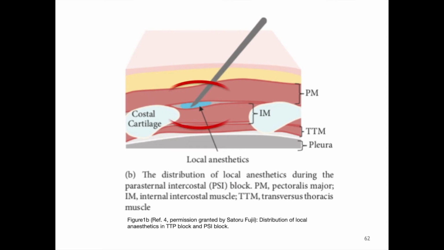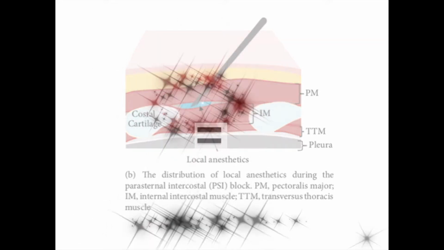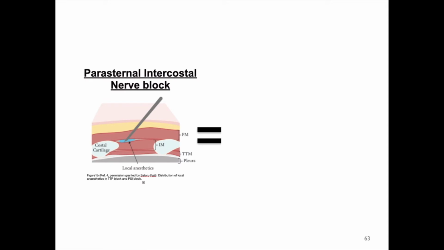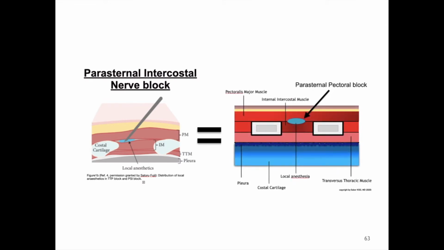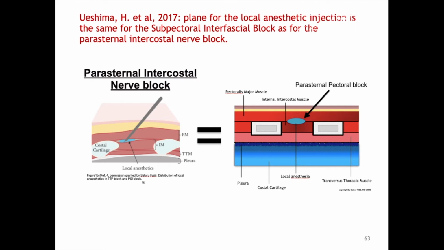On this figure of a parasternal intercostal block, the plane for the local anesthetic injection is located between the pectoralis major muscle and the intercostal muscle. So it is the same plane for injection as for the subpectoral interfascial block, also called pecto-intercostal fascial block or parasternal pectoral block.